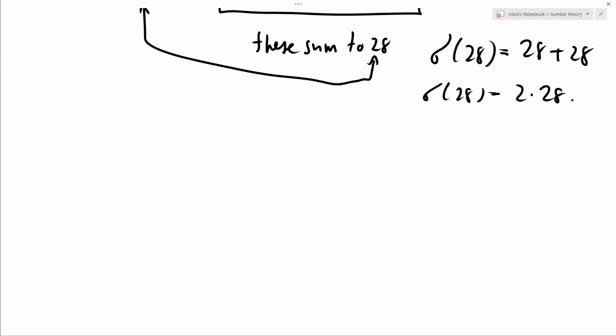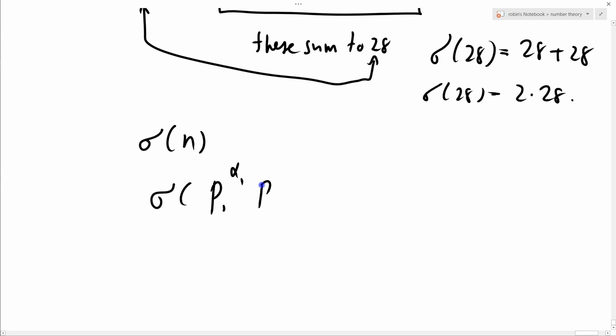Okay, so how do we work out what sigma of a general number is? Well, what we're going to do is write it out in prime factors. We're going to work out sigma of p1 to the alpha 1, p2 to the alpha 2, up to pr to the alpha r. How on earth do we work that out?